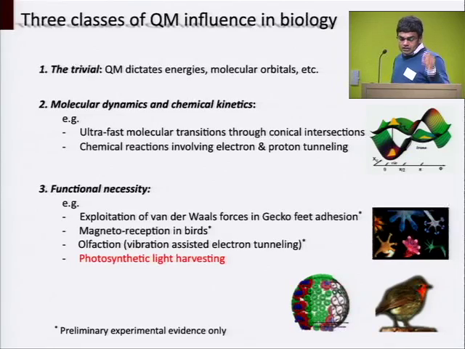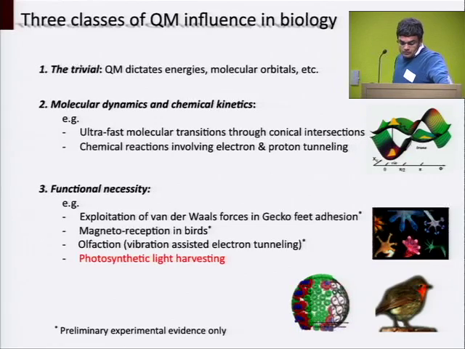Some examples here are non-adiabatic transitions through conical intersections, which are a popular area of research these days. You need to have quantum mechanics in order to describe the rates and the correct transfer in these cases. And then there are chemical reactions involving tunneling of electrons and maybe protons. There again, the quantum corrections become important, right?